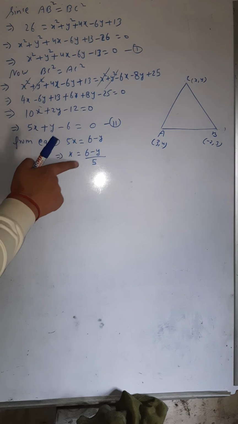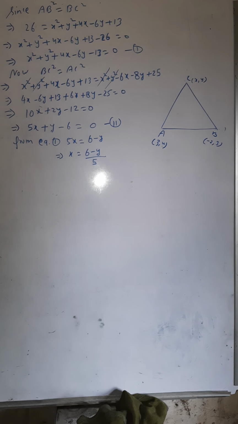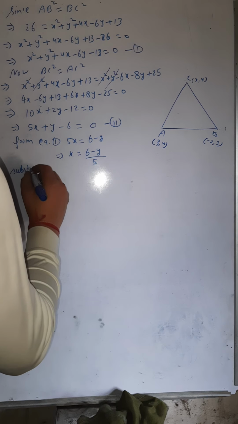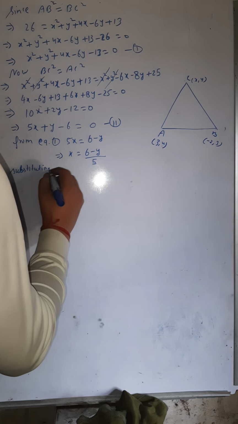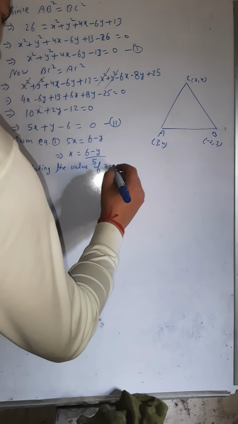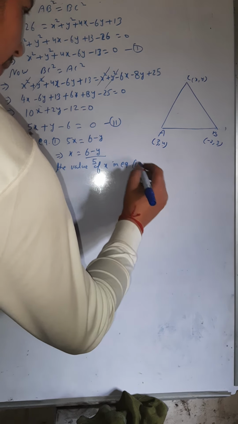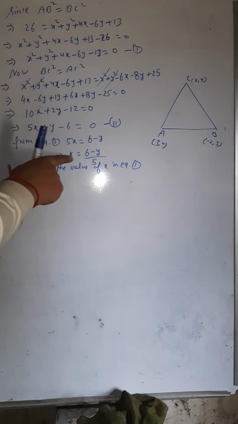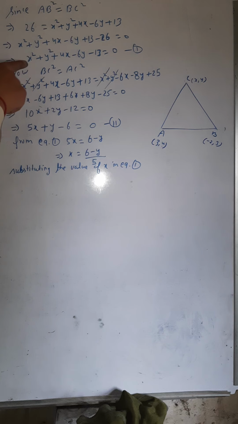Now I will substitute this value of x in equation number 1. So in place of x, how much will I write? 6 minus y by 5 I will write here. Okay.